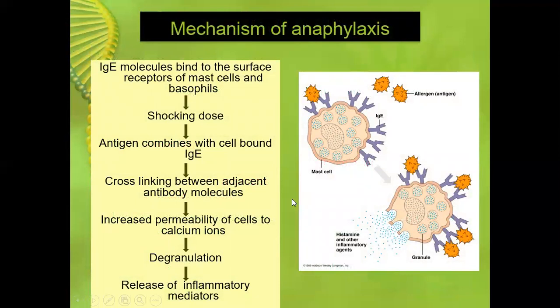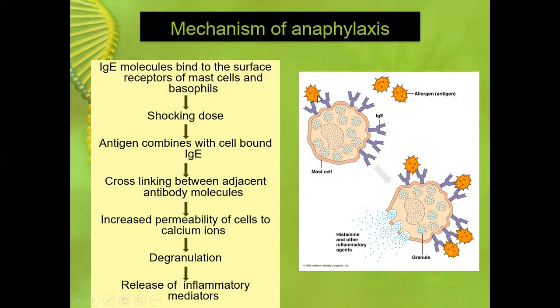And this is the mechanism of anaphylaxis reaction. So the IgE molecules bind to the surface receptors of mast cells and basophils. So this is the IgE antibody present on the surface of mast cells. And when the shocking dose of antigen or allergen is present in the host, it binds to the IgE antibody.